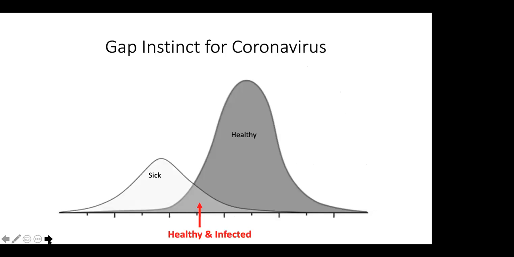And this is gap instinct for coronavirus. Left side is sick people and right side is healthy people. But actually, we have to think about people who look healthy but already got coronavirus. Next, please.